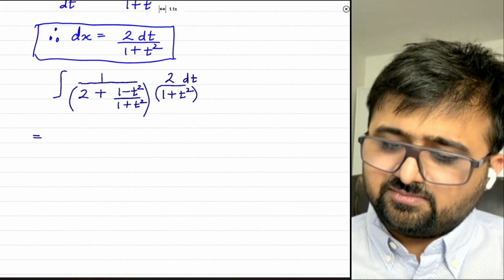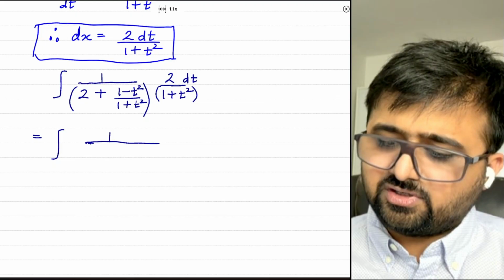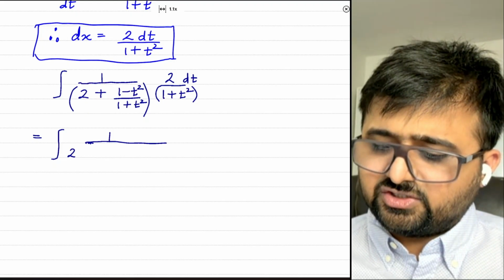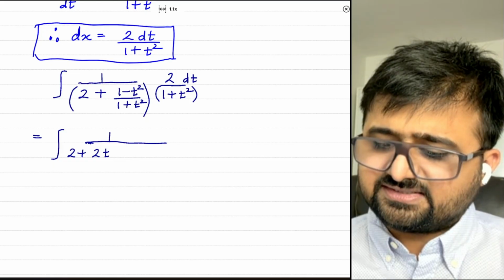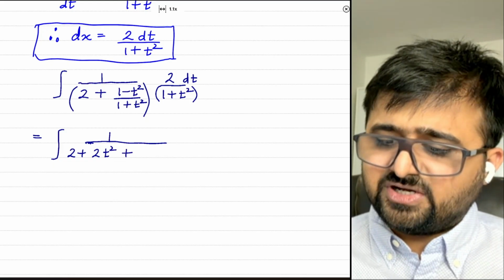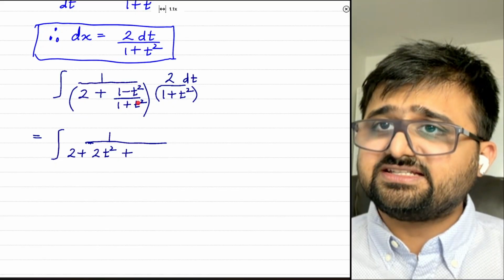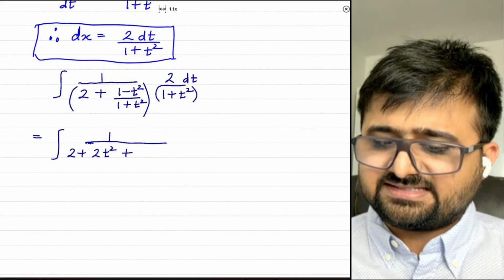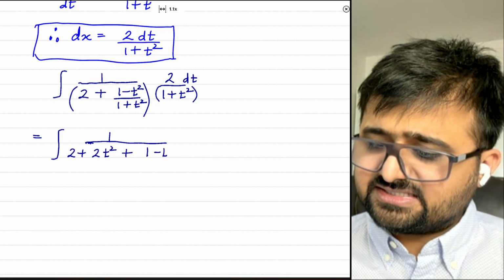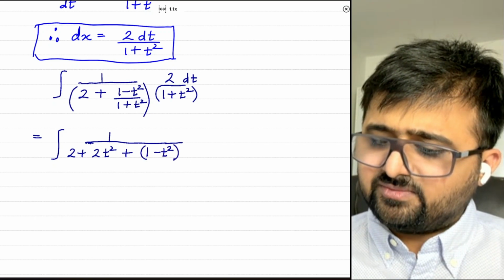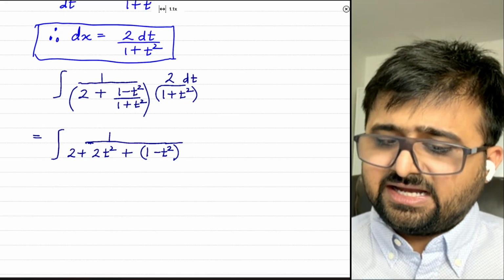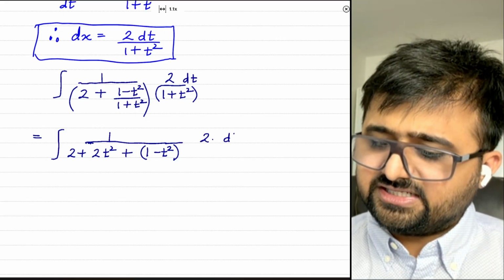So this will become the integral of 1 upon, if you multiply 1 plus t square with 2, you'll get 2 plus 2t square plus, and as you multiply the 1 plus t square with this term, the 1 plus t square and 1 plus t square are going to get cancelled. So you will be left with just 1 minus t square. And outside you have 2 dt.